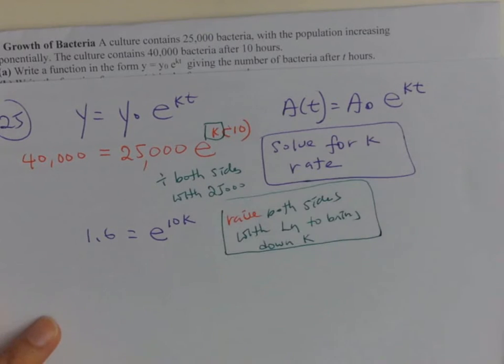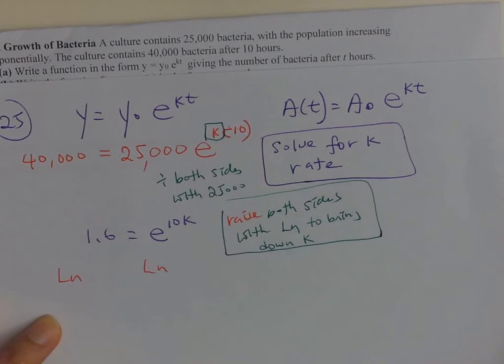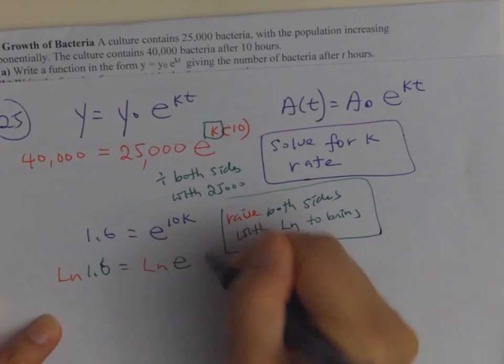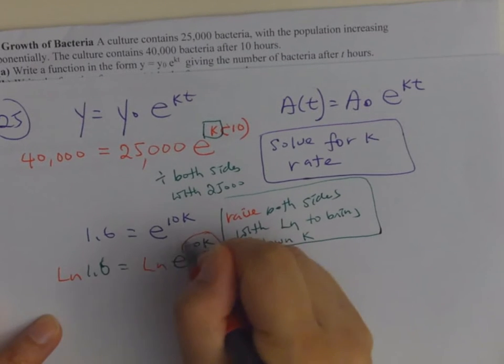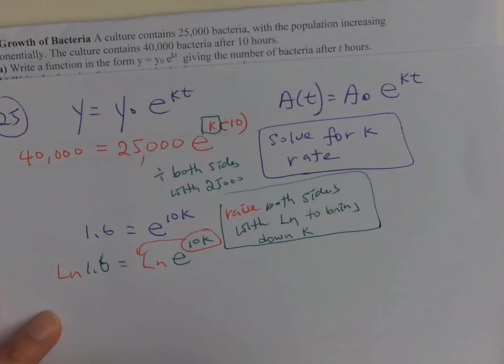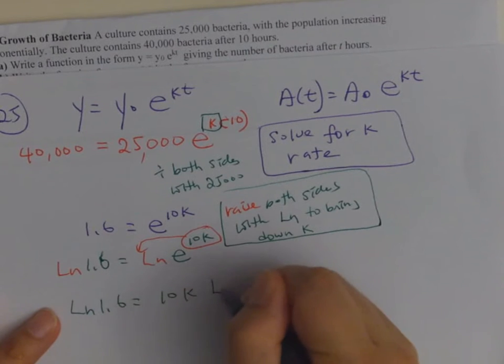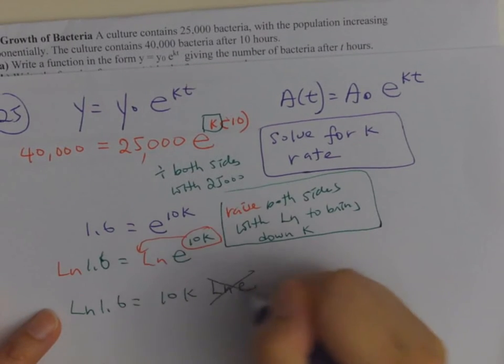Okay. Alright, so both sides need an ln. ln 1.6 equal to ln e^(10k), right? So once you have the log, the power can go down. So ln 1.6 equal to 10k ln e. What is ln e again? ln e is just 1, right?